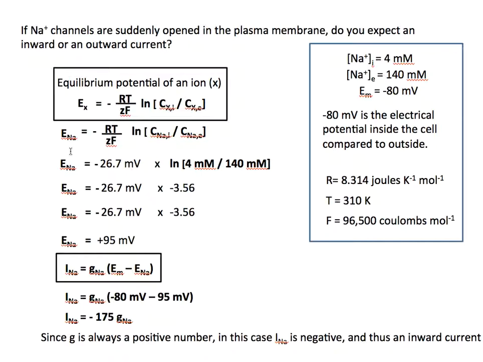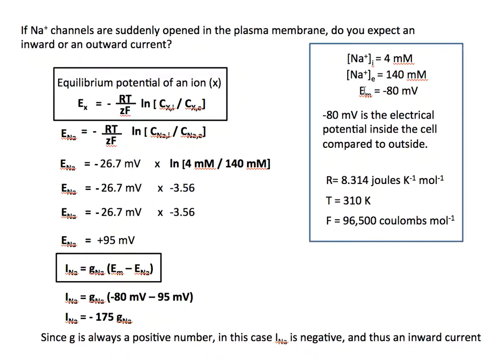If you think about this, you will always have an inward current, because if you remember from first lecture, you always have higher concentration of sodium outside, and if you open up your channels, they're going to rush in. So here they give you some parameters. Sodium inside is 4 millimolar, outside 140, and Em is negative 80.